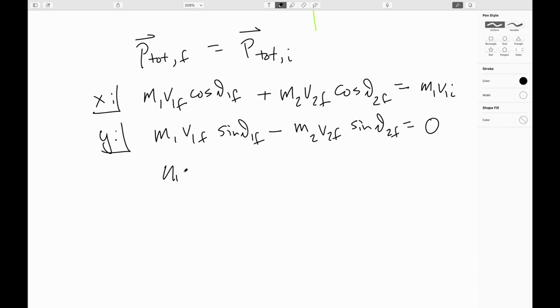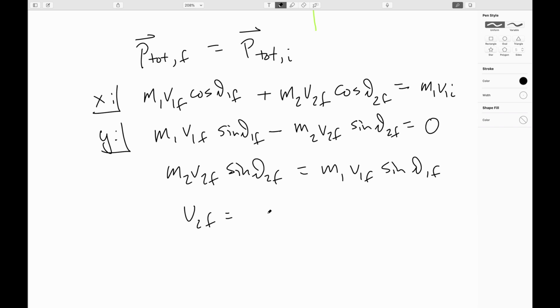So m2 v2 final sine theta 2 final equals m1 v1 final sine theta 1 final. So my v2 final will be equal to, divide through by m2, gives me m1 over m2, v1 final, divide through by sine theta 2 final, gives me sine theta 1 final over sine theta 2 final.